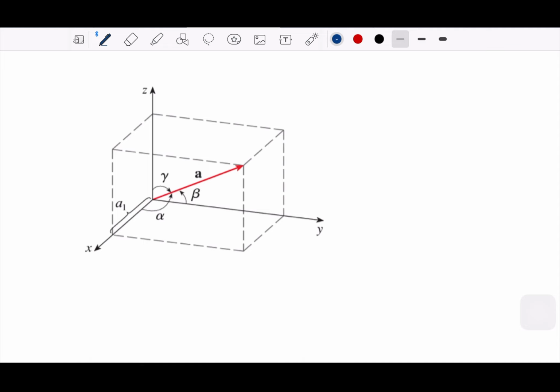So alpha, beta, and gamma we call the direction angles. Now, if we are using the standard vectors, for example, to write down cosine alpha, then this is vector A dot the standard vector i, which is the x-axis.